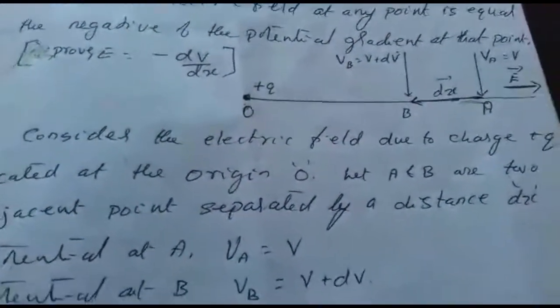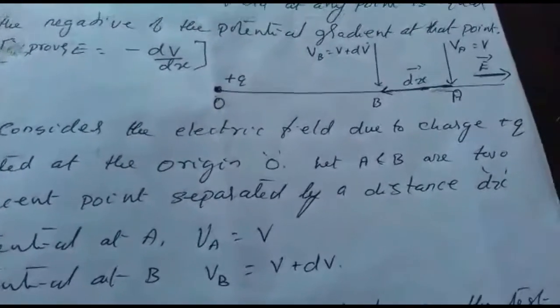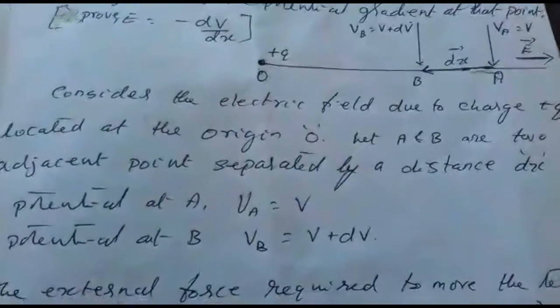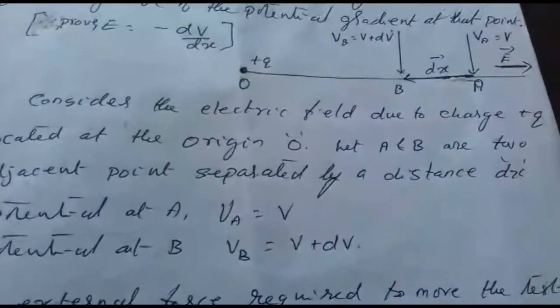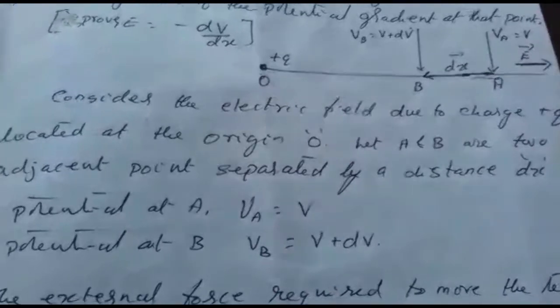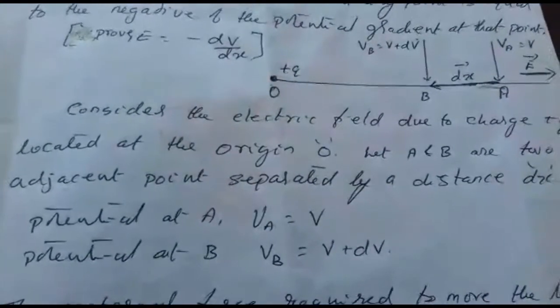Look at the diagram. Consider the electric field due to a charge plus Q located at the origin O. Let A and B be 2 points separated by a small distance dx.